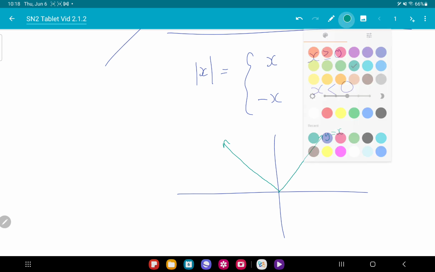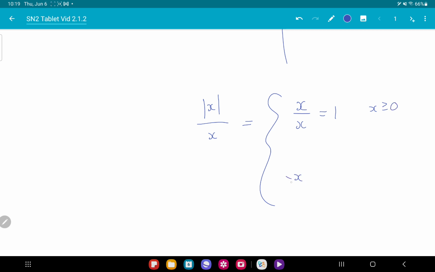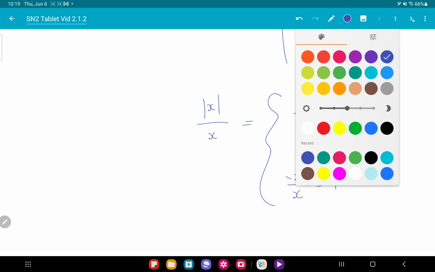Now, if I look at the picture for absolute value of x over x, well, what you get is x over x, which is just 1 if x is bigger than or equal to 0, and negative x over x, which is negative 1 if x is less than 0. Oops, I have an issue here. I've made a mistake.